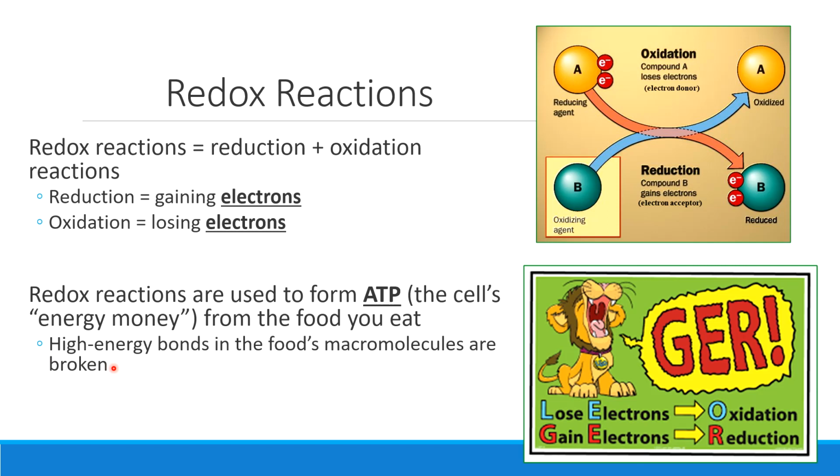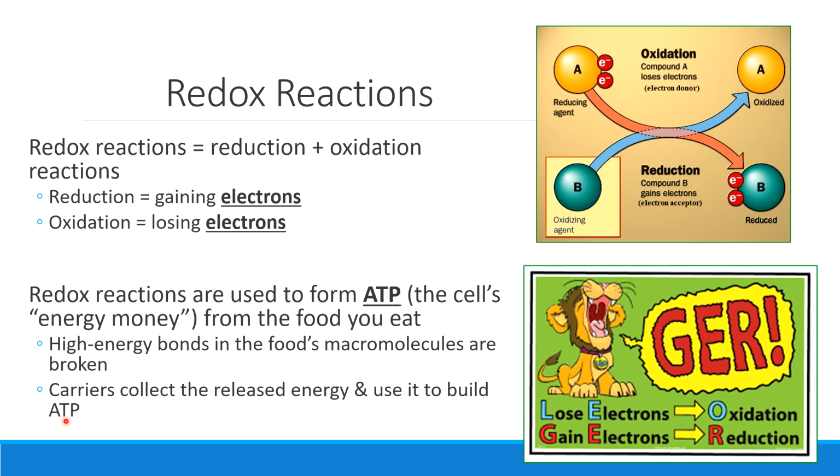When I break those bonds, electrons are lost. Something in the body gets oxidized, the food we eat. That allows us to reduce our molecules that form ATP. ATP comes from a molecule called ADP. When I give it extra electrons, when I reduce it, this allows me to build my energy storage molecule in the body.